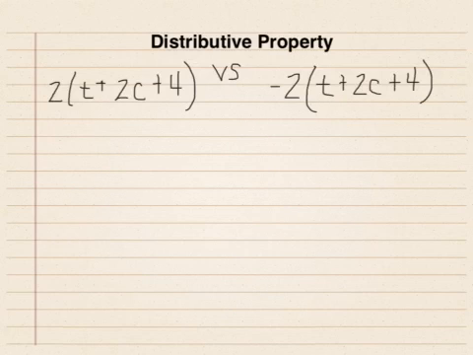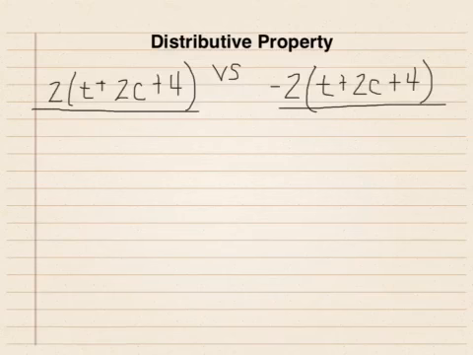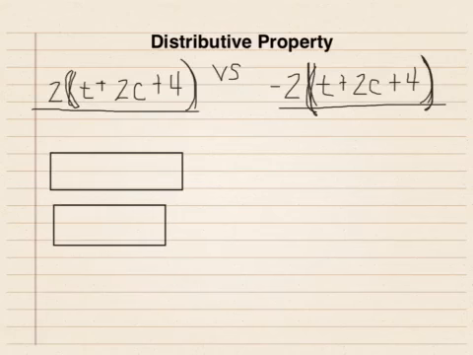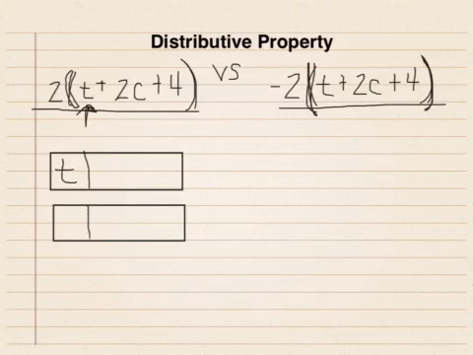And so now we can come back to that first problem that I had, and now we can look and compare the perspective of each expression, where here this would be two groups of this quantity, and then this would be the opposite of the two groups of this quantity. And so if we still go back to that same concept that the two friends are going to the movie theater, well, this would represent the two friends, where now we don't know how much they spent for the tickets, but we can still represent that value.